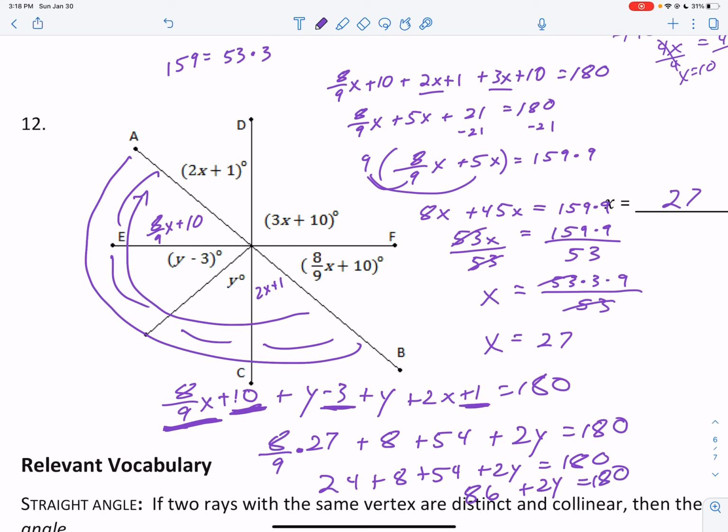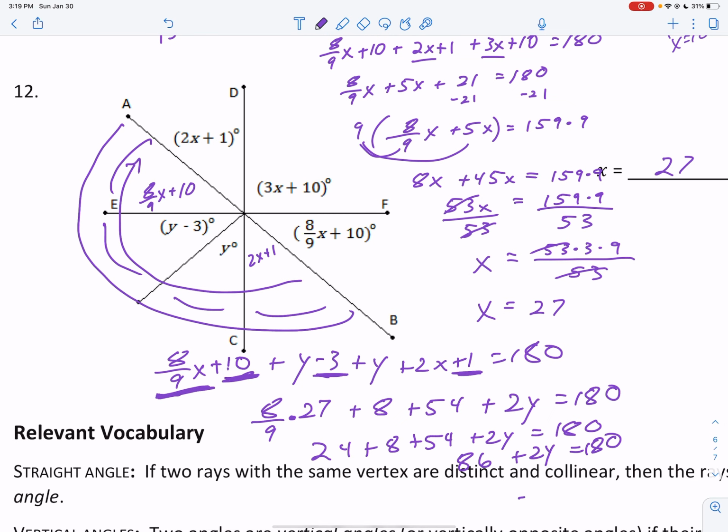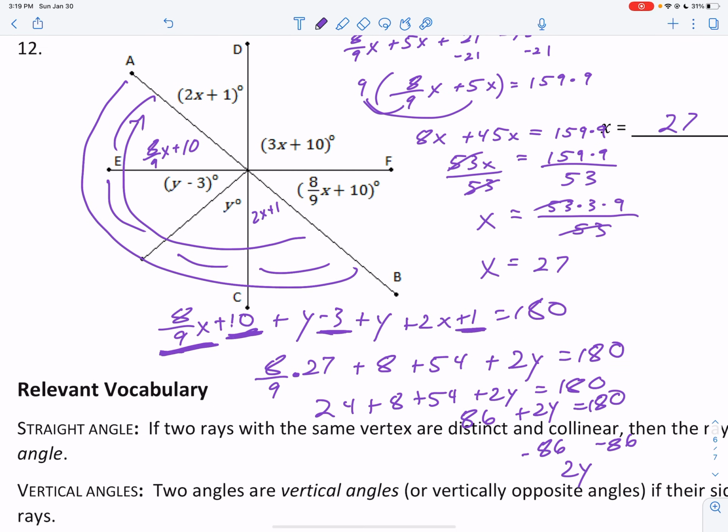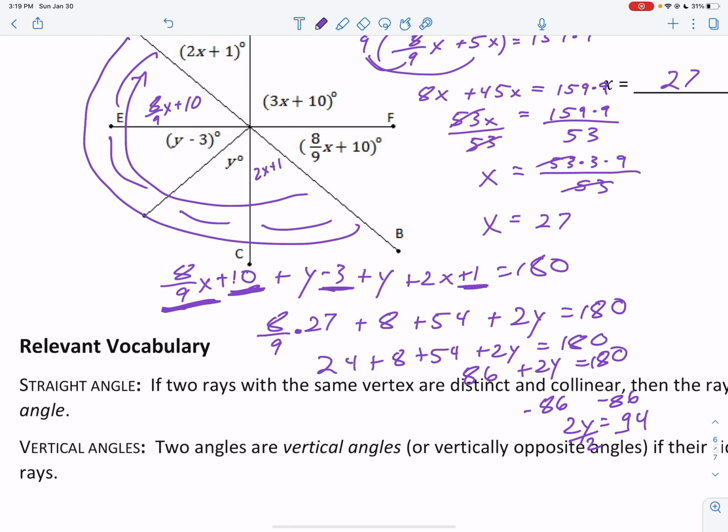Subtract 86 from both sides to get 2y equals 180 minus 86, which is going to be 94, I believe. Divide both sides by 2 to get y equals 94 over 2, which is 47.